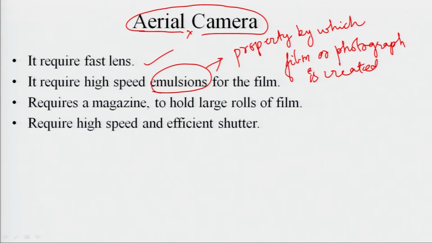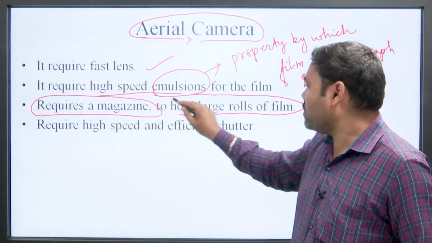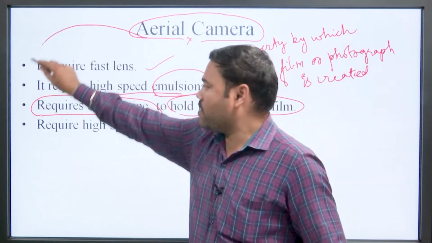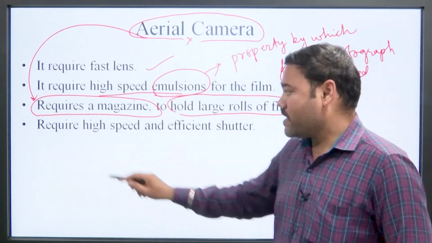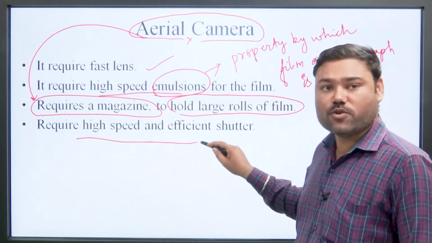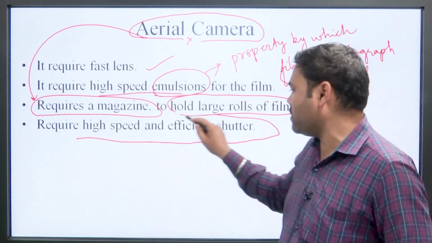So, it must have a high speed emulsion, and it requires a magazine. In order to hold large rolls of film, an aerial camera must have a magazine, and it should have a high speed and efficient shutter.